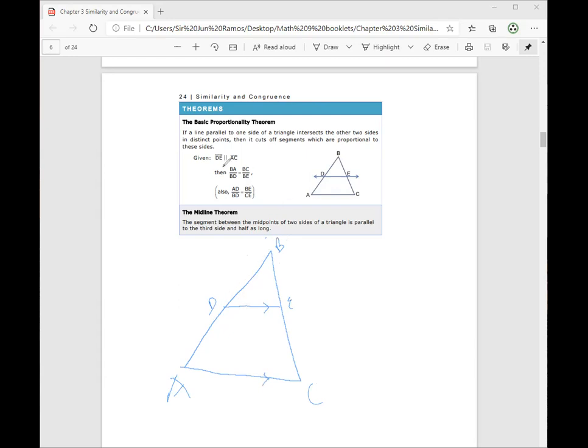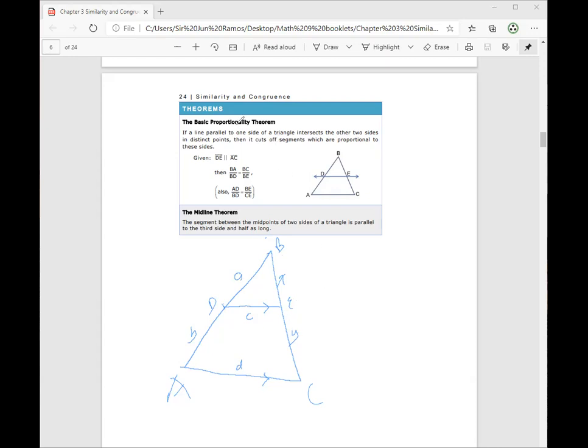Instead of mentioning the length of segments here, I can say, let's say this is A, this is B, this is X, this is Y, and then this is C, and this is D. All of these numbers are real numbers, okay? A would now represent the length BD, and B will represent the length DA, etc. X will represent the length BE, and then Y will represent the length EC.